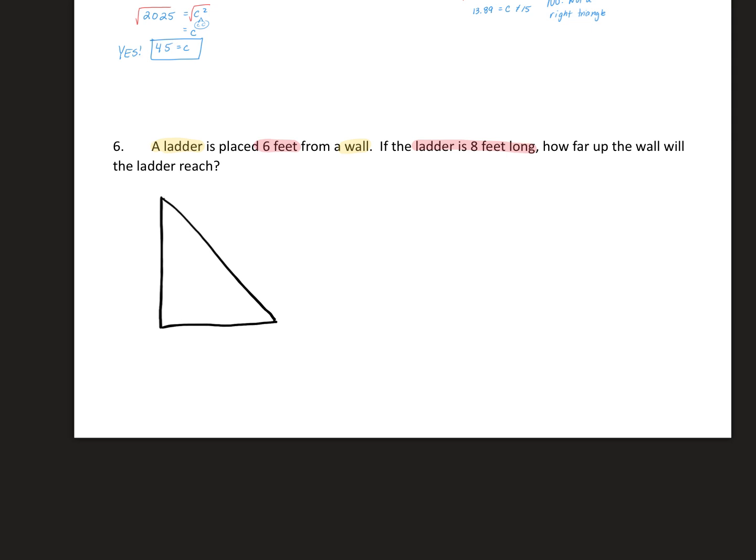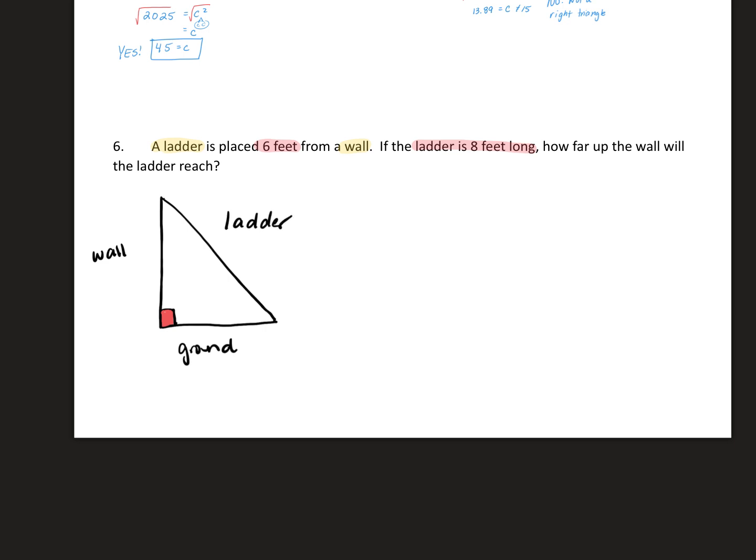They don't always say it in the word problem, but you can assume that the bottom part is the ground. Our right angle is going to be against this wall right here. Let's label our pieces. That's our right angle. So I've got my wall, I have the ground, and I've got my ladder.